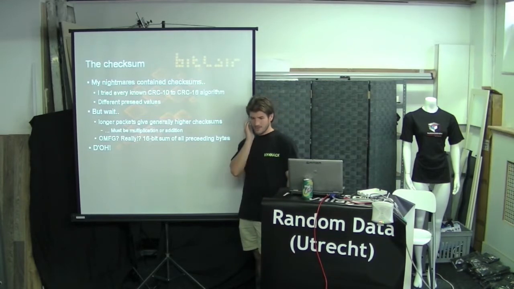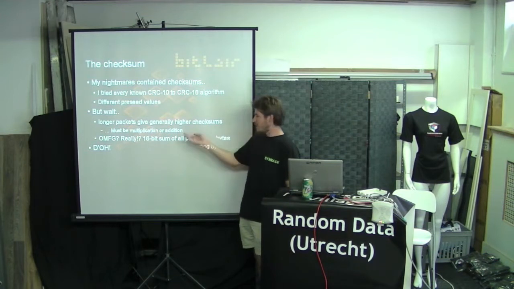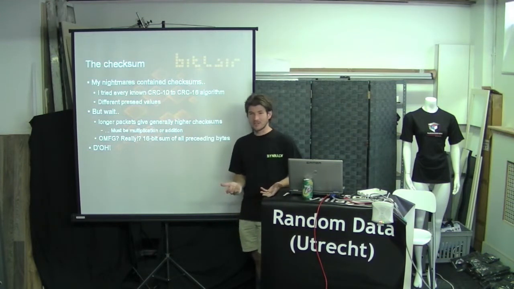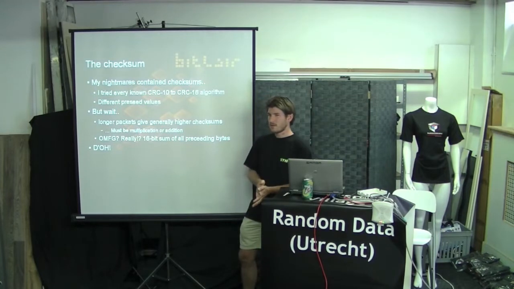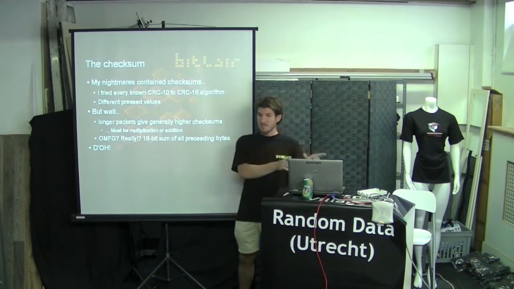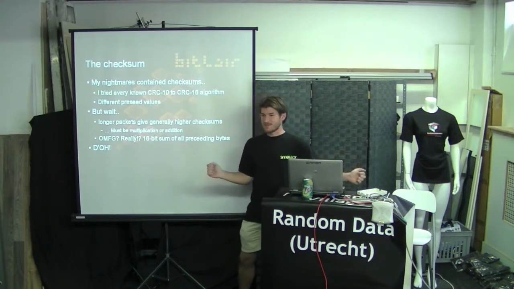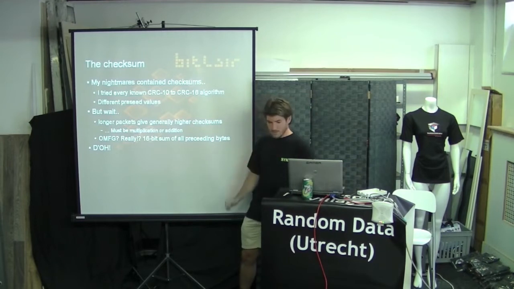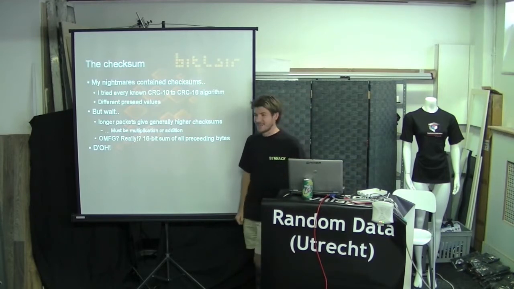And I was like, which algorithm would do that? Wait, so basically we have multiplication or addition. So I was like, no. No, it isn't. But yes, it's basically just the sum of all the preceding bytes. Yeah. So, I did not think of that.